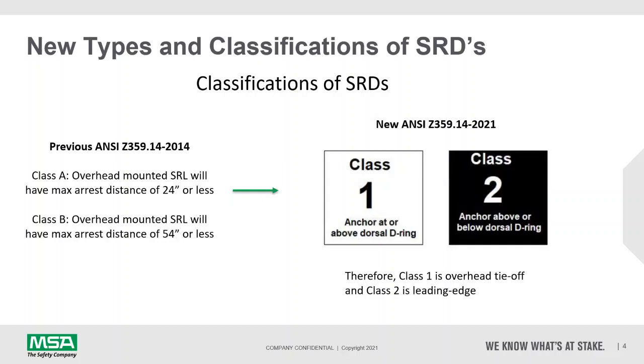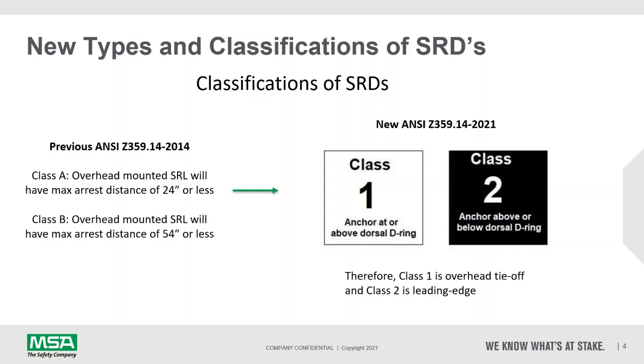Class A and Class B are no longer in the new standard revision. So instead of talking about the classes in terms of max arrest distance, ANSI is going to something a little bit different. It's going to be called Class 1 and Class 2, and it's going to be about tie-off points instead of max arrest distance.